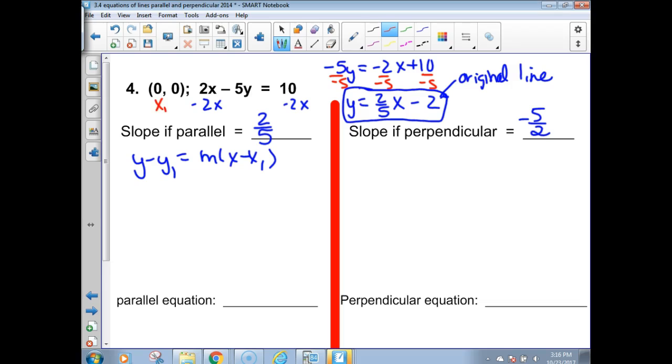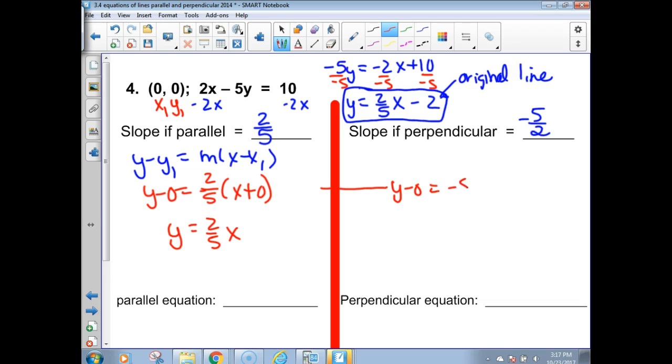We've got to just put in a 0 for both x1 and y1, which is not really going to do a whole lot here. So that's just going to be y equals 2/5 x. And if you do the same thing over here, but you just change the slope, that's not going to do much either.